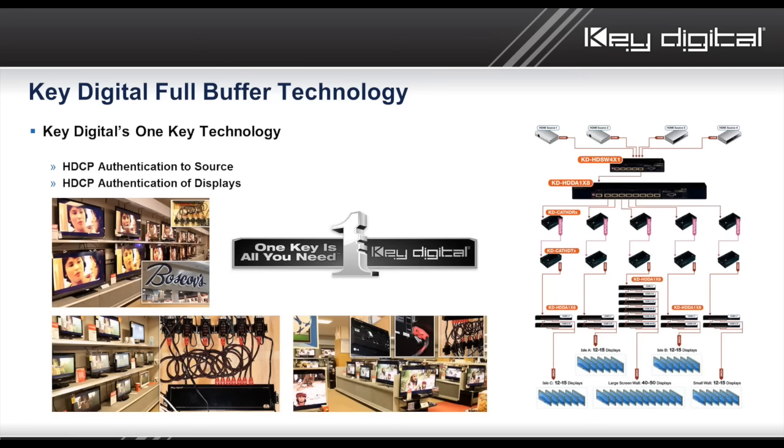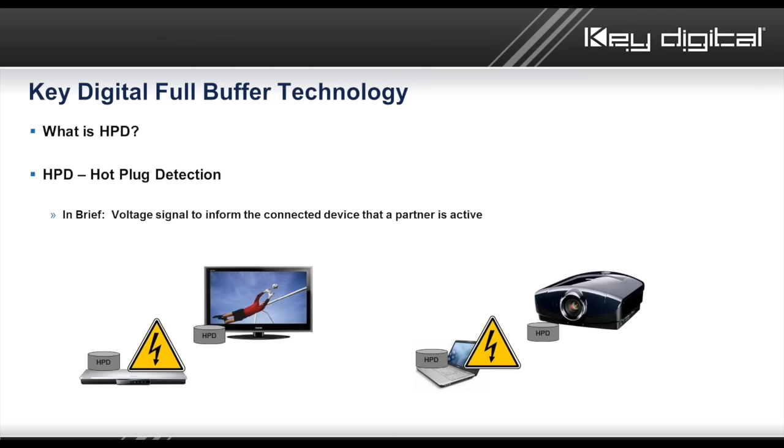And that's how KeyDigital is able to distribute HDMI signals in very large proportions, doing our retail showrooms across the U.S. and across the world, for example, with some locations with over 100 displays. Not a problem. One key is all you need with KeyDigital.